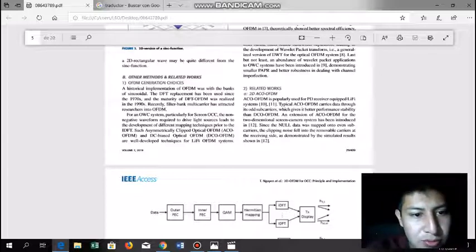This leads to the development of different mapping techniques prior to the IDFT, such as asymmetrically clipped optical OFDM and DC biased optical OFDM, which are well developed techniques for Li-Fi OFDM systems.